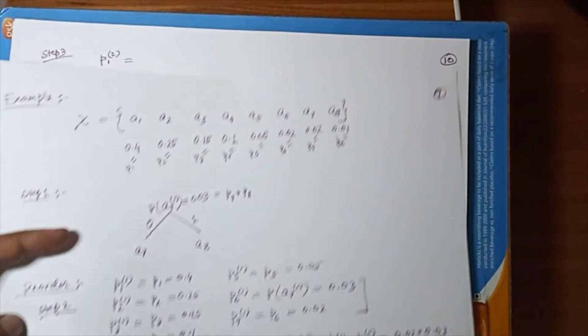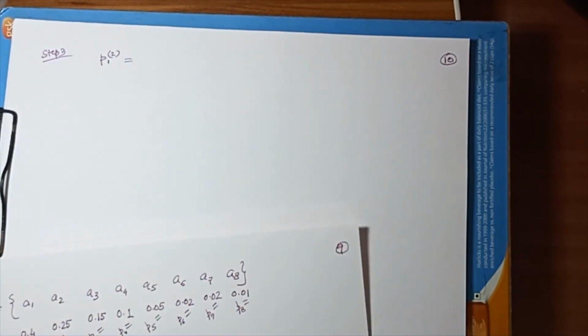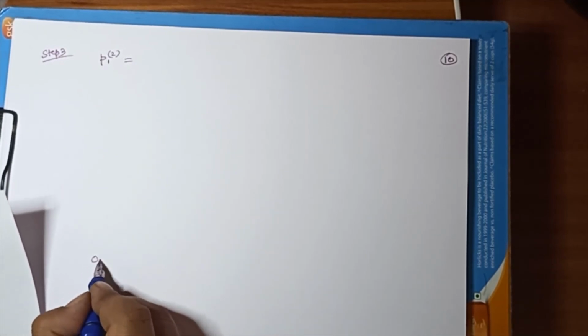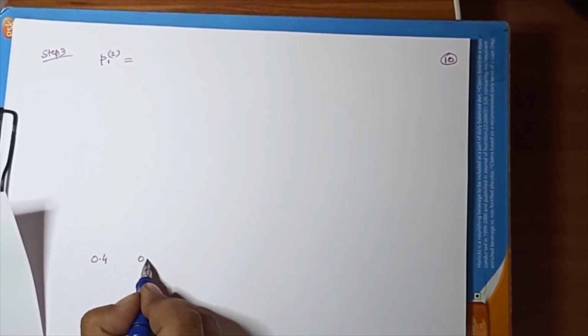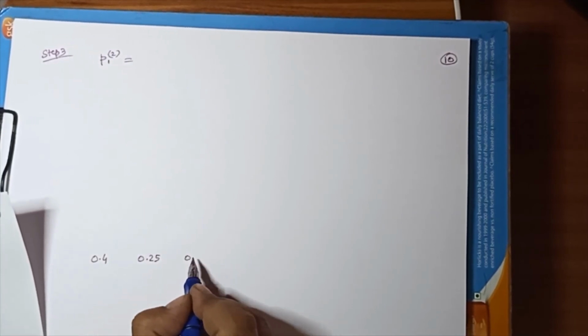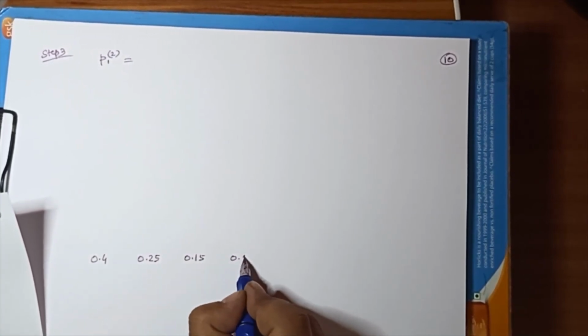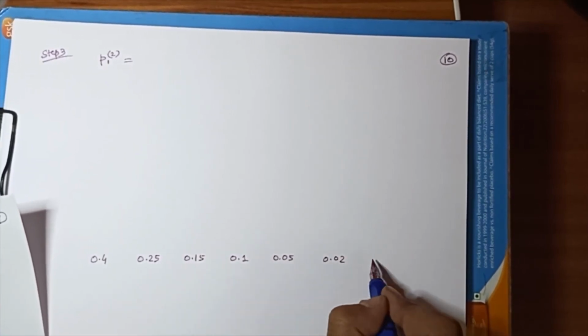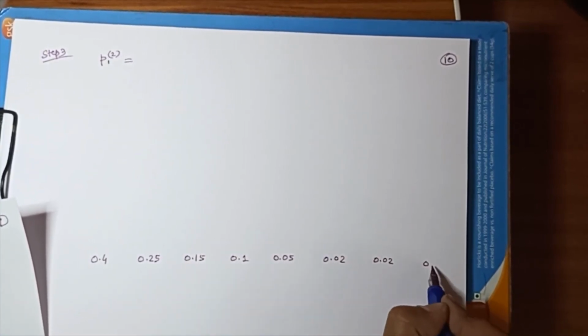So P12 will be, I can write in this way. In another way I can show you quickly. So let me show that here. That will be even easier. So 0.4, 0.25, 0.15, 0.1, 0.05, 0.02, 0.02 and 0.01.